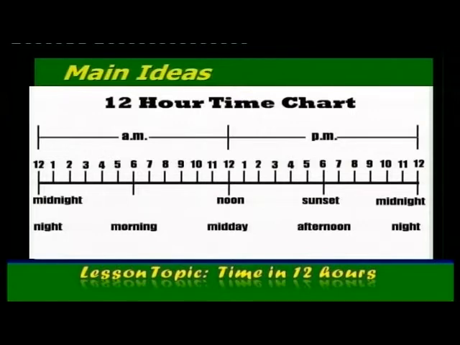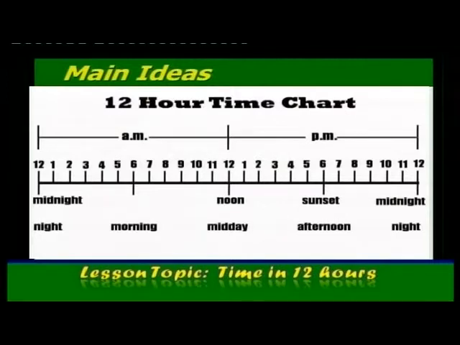AM time starts from immediately after midnight up till before midday. Midday is half of the day, when we normally go for lunch. PM starts immediately after midday up till immediately before midnight.